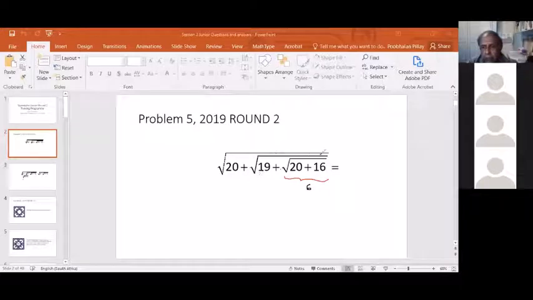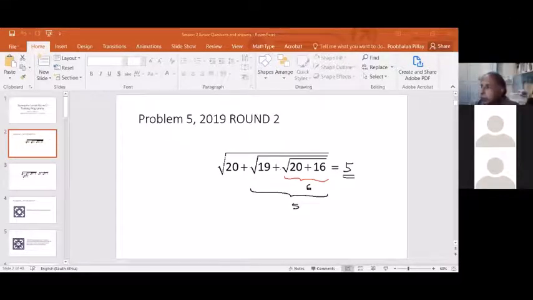And you're working out the square root of 25. And that is 5. And now you're adding 20 plus 5 and finding the square root of that. And the square root of 20 plus 5 again is square root of 25, and the answer is 5. Okay, so that's straightforward, I should think.